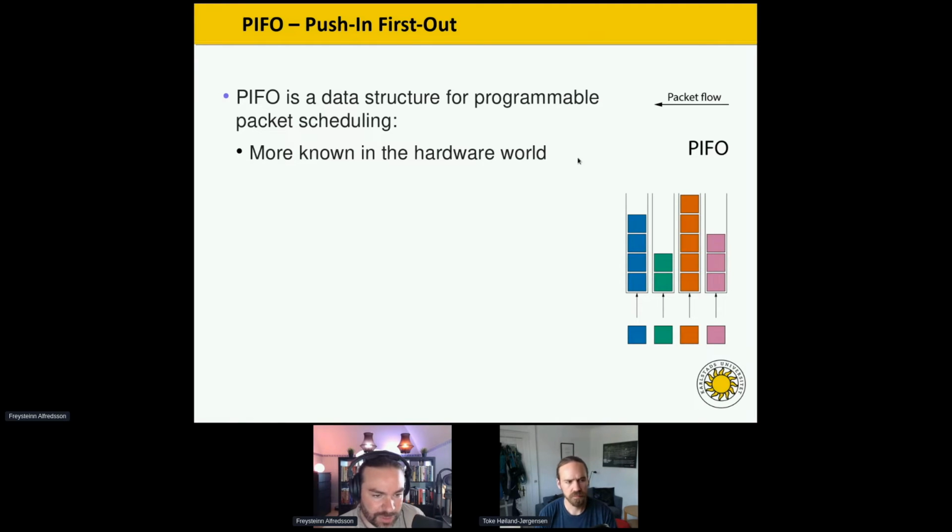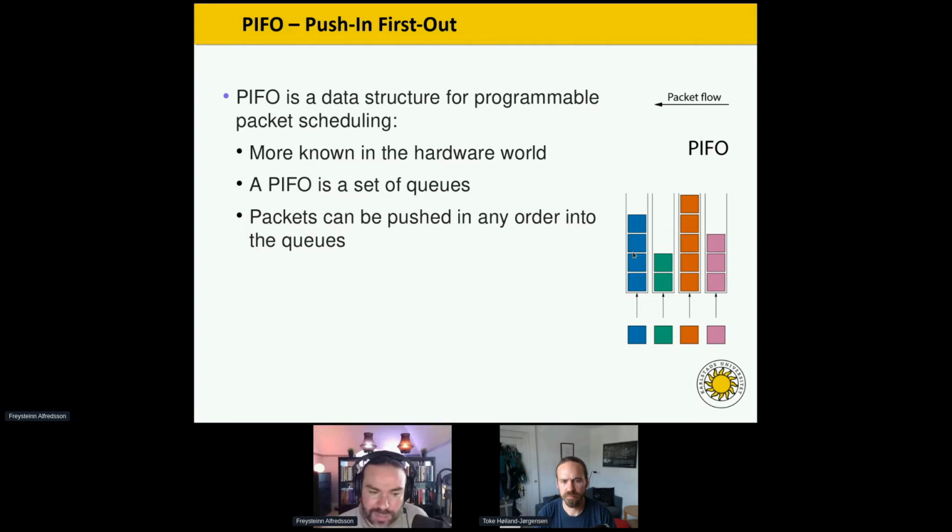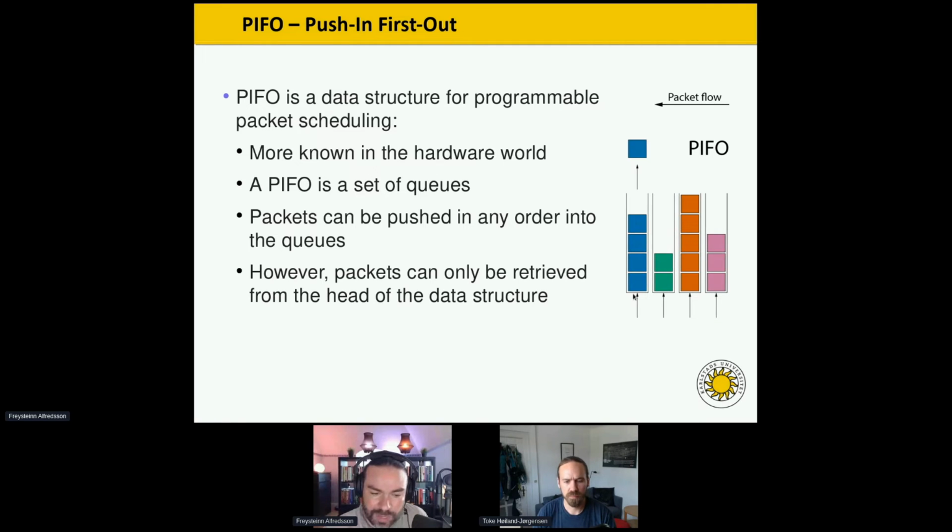So we're using that as a data type, and it's basically just a set of queues where you can place packets depending on the priority in any order. However, you can only dequeue packets from the queue with the highest priority, meaning that if you finish all the packets from the highest priority, then it would automatically go to the next priority.